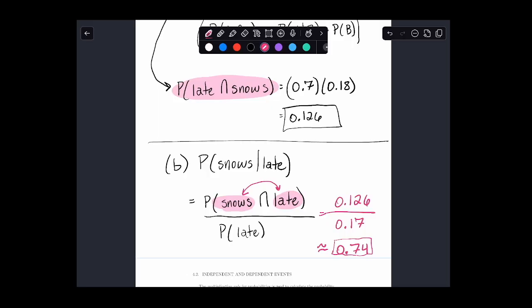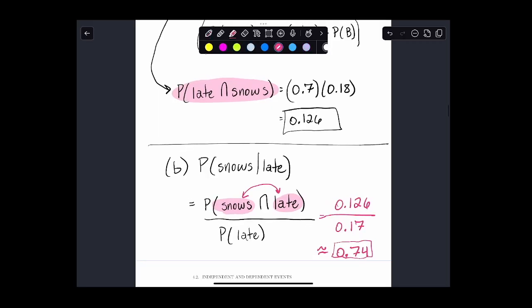And if we wanted to revisit the question of if these events are independent or not, here's another way of seeing that they are not independent events, because this probability that it snows given that they were late does not equal the probability just that it snows, because the probability that it snows was 0.18, and that's not equal to 0.74.